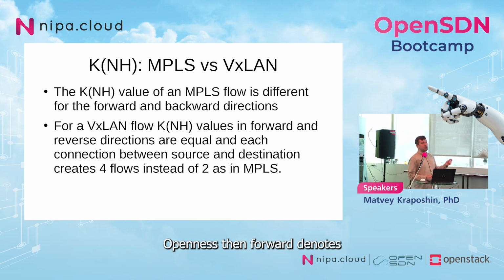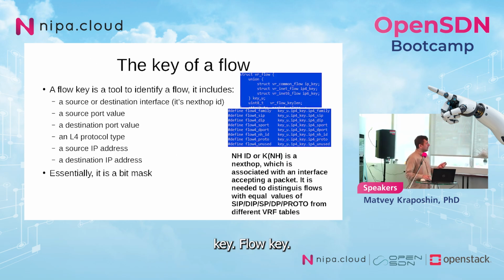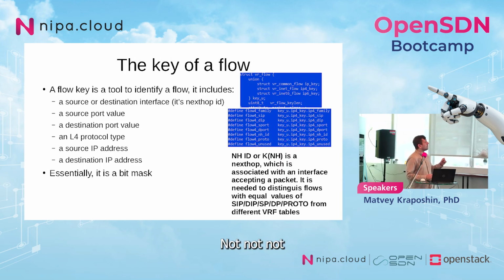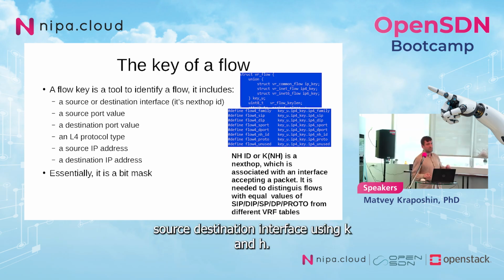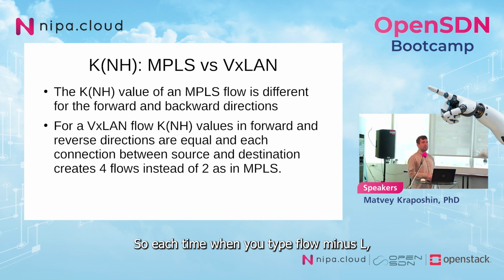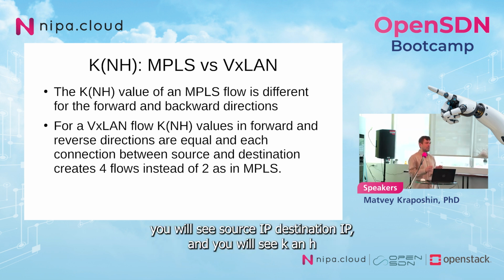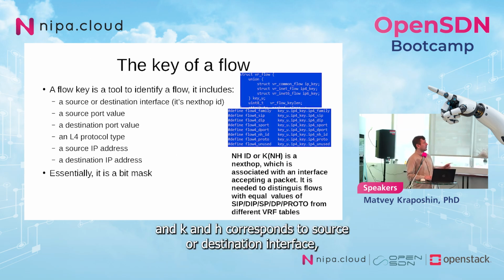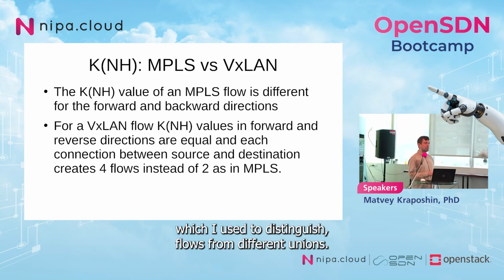OpenSDN forwarder denotes the flow key source and destination interface using K and H. So each time when you type flow -l, you will see source IP, destination IP, and you will see K and H. K and H correspond to source or destination interface, which are used to distinguish flows from different tenants.